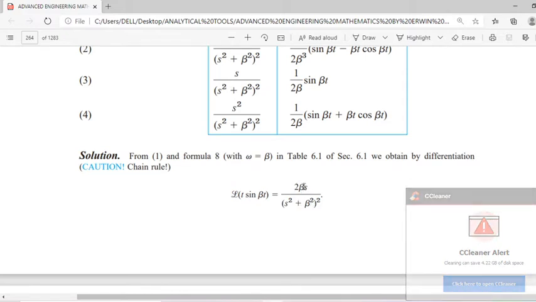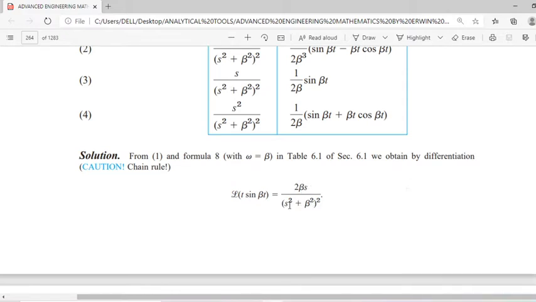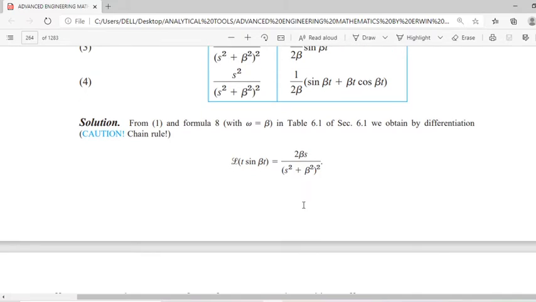So minus 2 beta s by (s square plus beta square) all square, that is F dash of s. So what is L of t sin beta t? Minus F dash of s. So minus will get cancelled and we will get just 2 beta s by (s square plus beta square) all square.